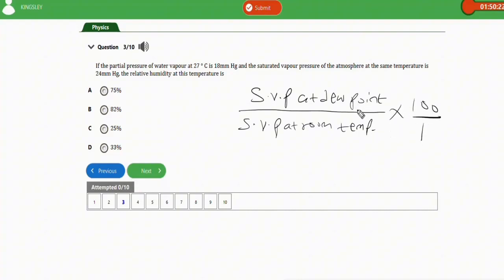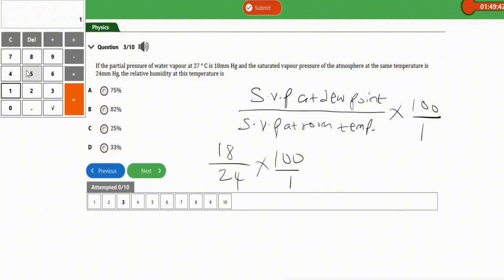So basically the one at dew point in this question is, if the partial pressure of water vapor at 27 degrees Celsius is 18 millimeter mercury, the one at dew point is 18, so it will be 18 over, whereas the one at room temperature, the saturated vapor pressure of the atmosphere at same temperature, is 24 millimeter mercury, so it will be 24 times 100 over 1. Okay, so let's punch this on the JAMB calculator and you're going to see.